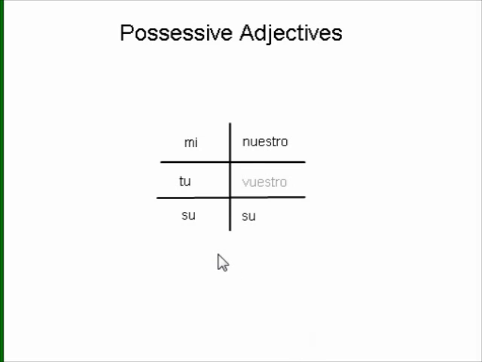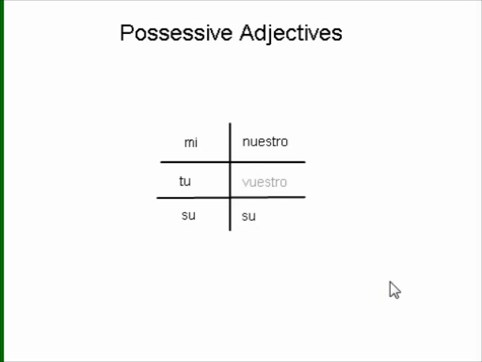For instance, the word for you, the formal you should know, is usted. Even though it's second person, we find it on the third person row. So here with our possessive adjectives, if we're talking about usted, we're going to use our option that's on the third person row. Same thing for the plural, you all, ustedes. We treat it as if it were third person, even though it's really second person.